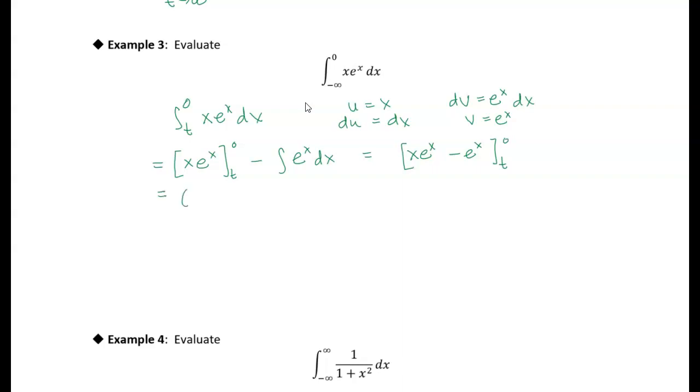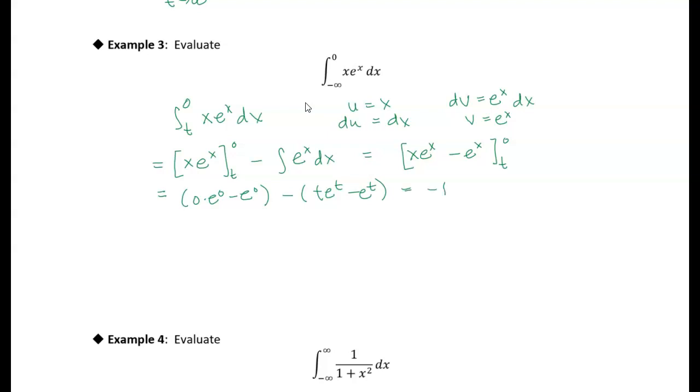Let's do that. We get 0 times e to the 0 minus e to the 0, and then we have minus t e to the t minus e to the t. Now 0 times e to the 0 is 0. And then we have minus e to the 0, which is minus 1.